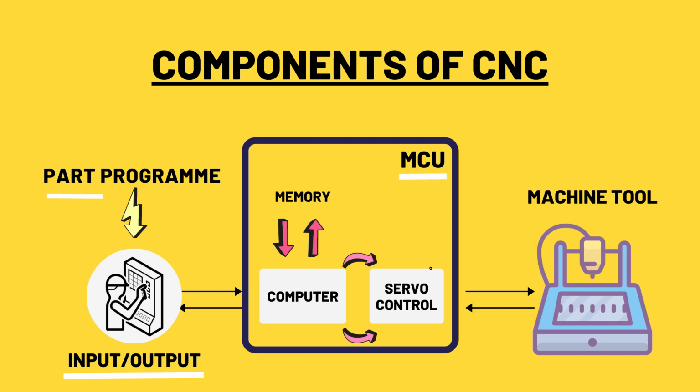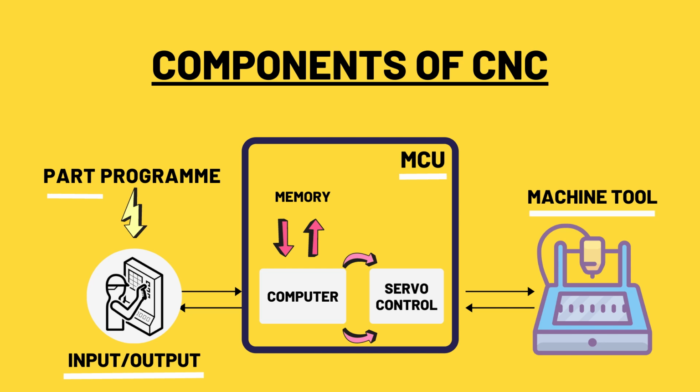A drive system or servo control consists of drive motors and ball-lead screws. The control unit sends the amplified control signals to actuate drive motors, which in turn rotate the ball-lead screws to position the machine or cause rotation of the spindle.